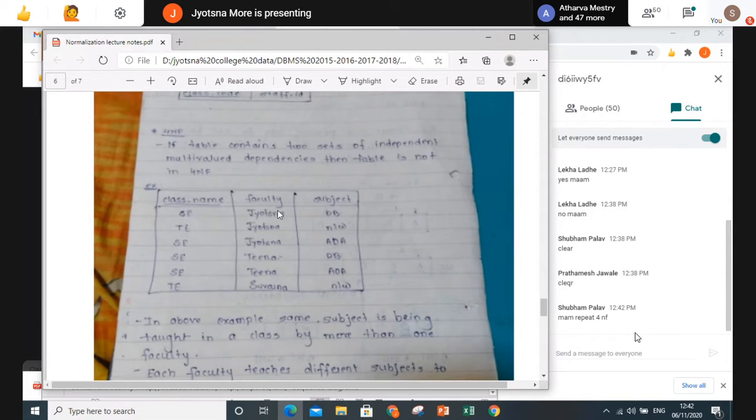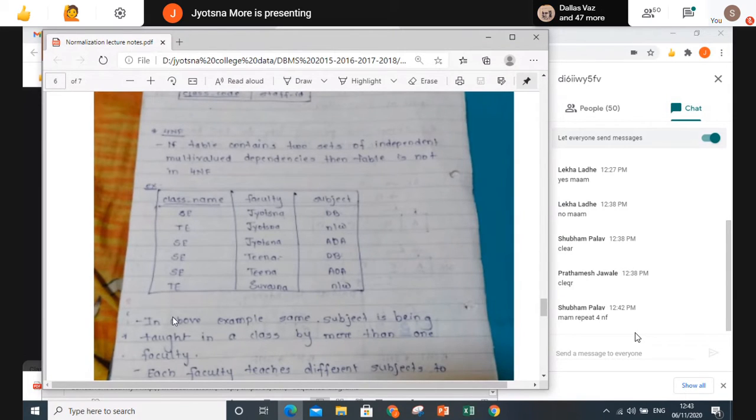Here you can see SE with faculty name. Same way here I am having SE with the same faculty name. So it is repeating. Similarly, I am having SE with DB here. Again, I am having SC with DB. Somewhere same repeating groups I am getting in this combination. So what I have to do, I have to break this table into two different tables where I will not find any repeating group, right?